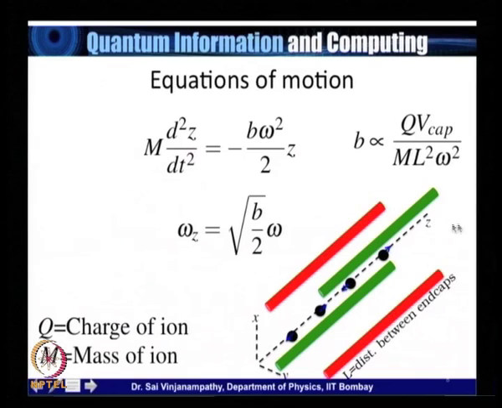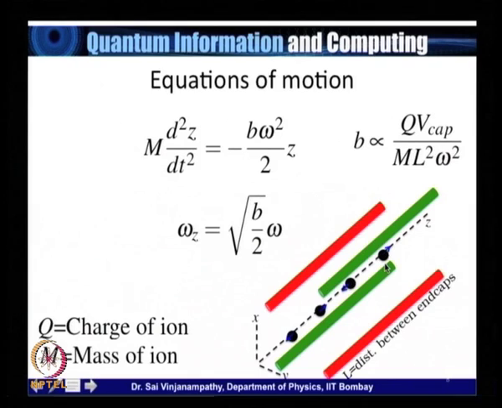Here I'm referring to 2 end caps which are on both sides of this diagram, which are also charged by an amount V cap. So this equation, of course, means that the motion of the ions is that of a simple harmonic oscillator.